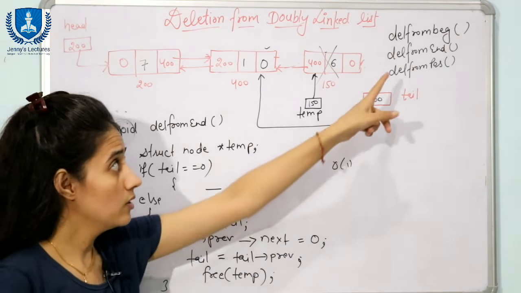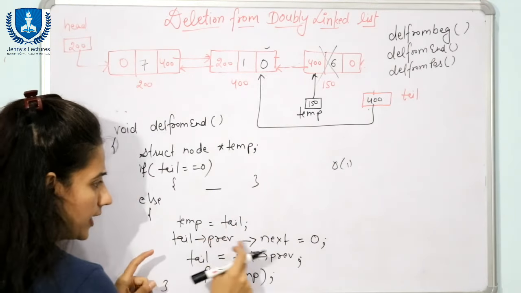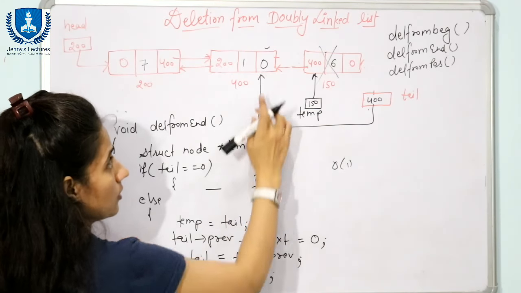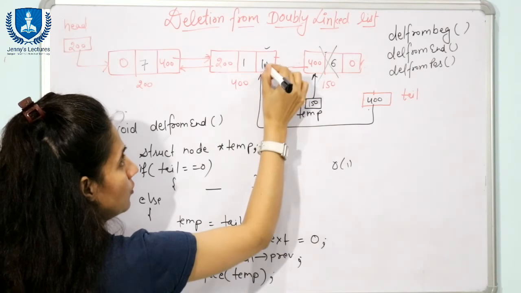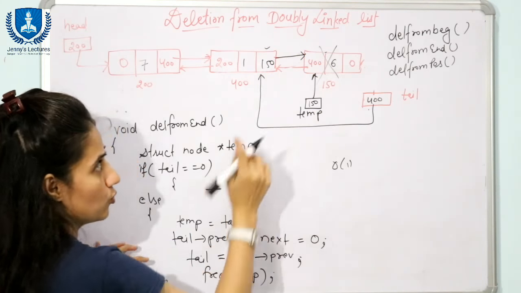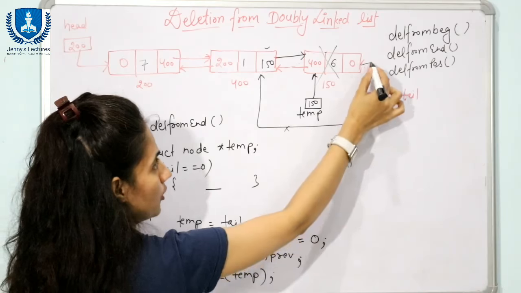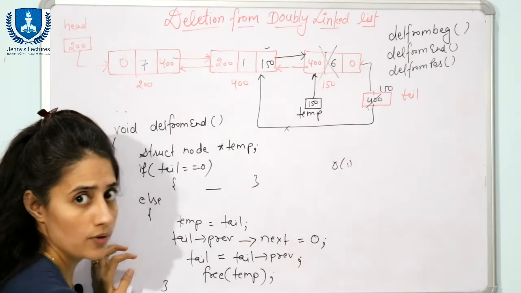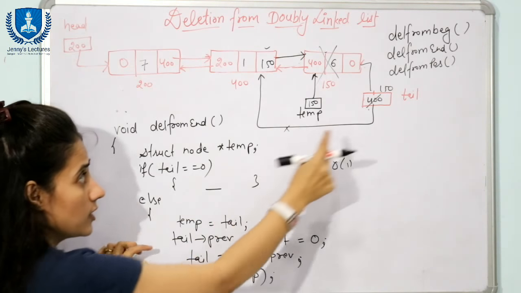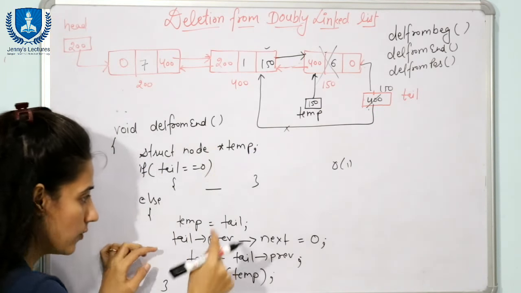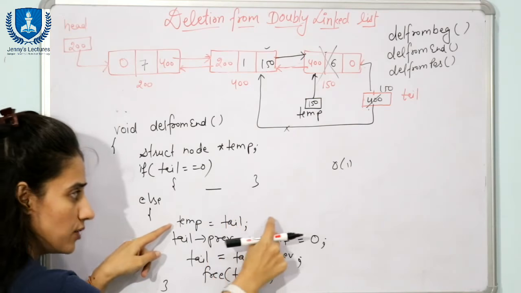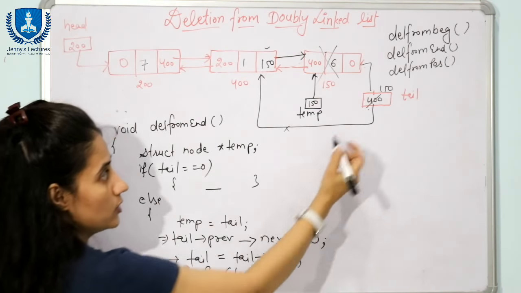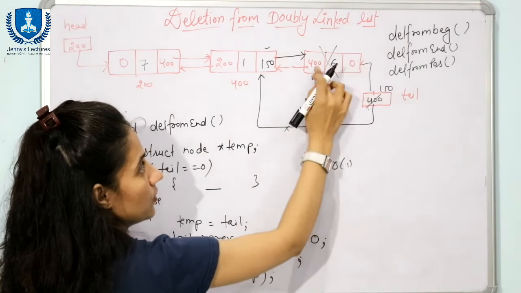Now before going to the third function, I want to tell you something. See, if you don't get this double pointer concept, then what you can do is, suppose we haven't updated this part, still we have this link pointing to this node, and tail is still pointing to this one. Tail now has 150. Fine. So first of all, first update this tail pointer. So first you will write temp is equal to tail, and after this line, don't write this line, directly write this line. Tail is equal to tail previous, that is 400.